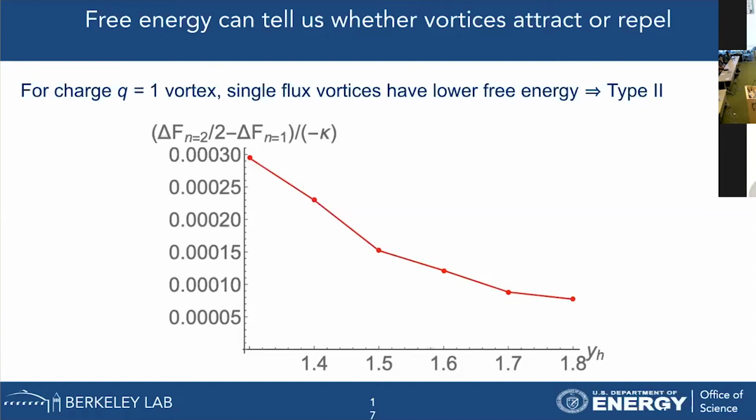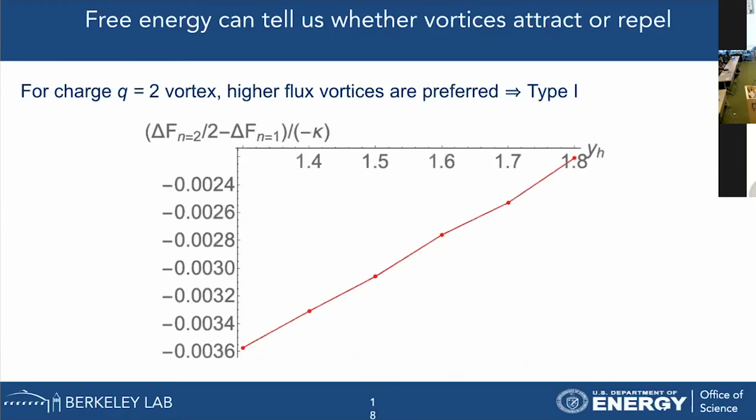We found that for lower charges, it prefers to be a type 2 vortex in which the vortices prefer to be in the single vortex configuration. It means they repel each other. However, for Q=2, we get the opposite behavior. Vortices prefer to combine into a single higher winding vortex.